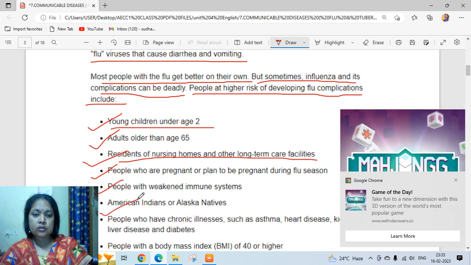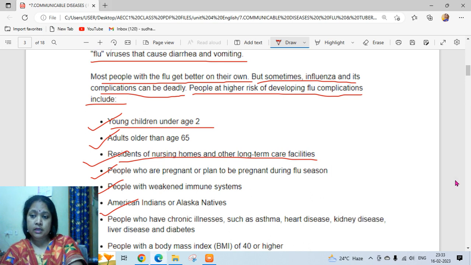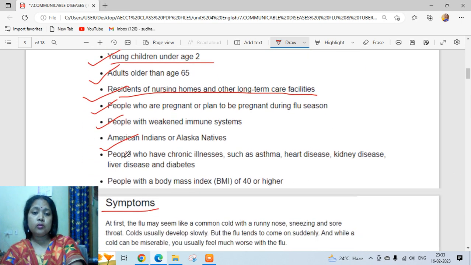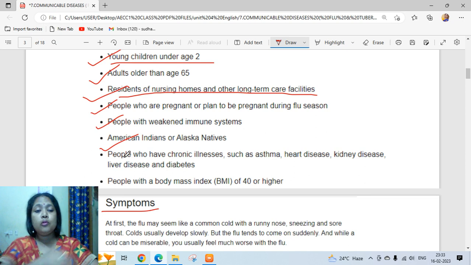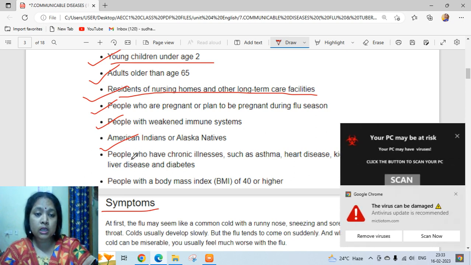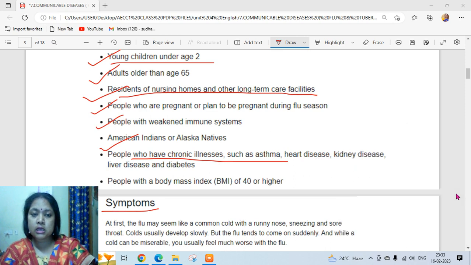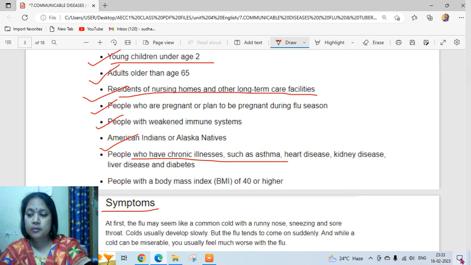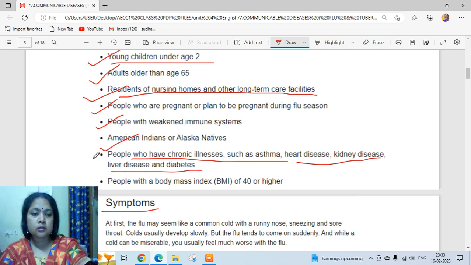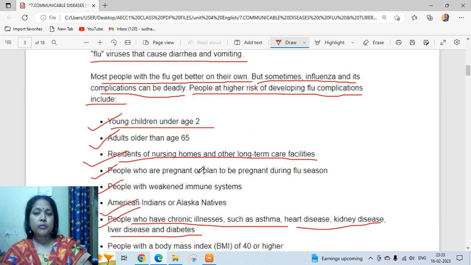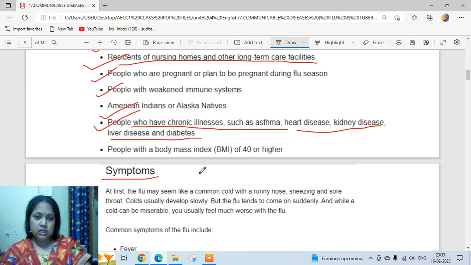American Indians or Alaska natives are also very commonly infected by flu. Then people who have chronic illness such as asthma, heart disease, kidney disease, liver disease and diabetes are very much prone towards the infection of influenza or flu.